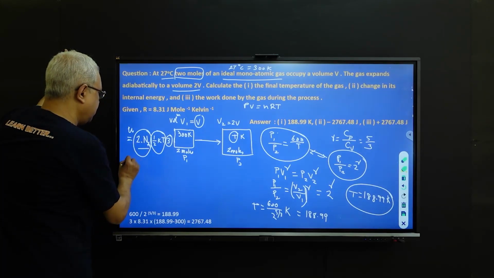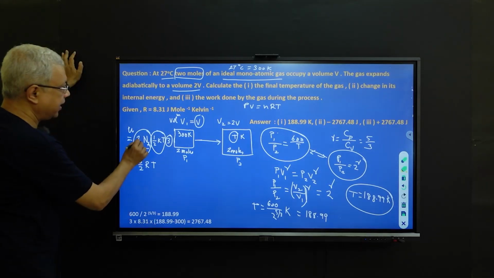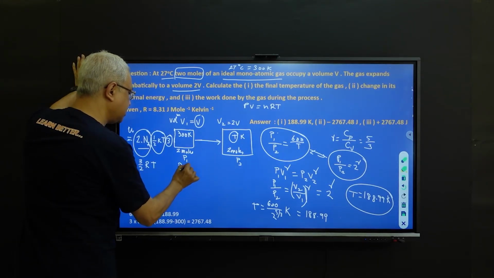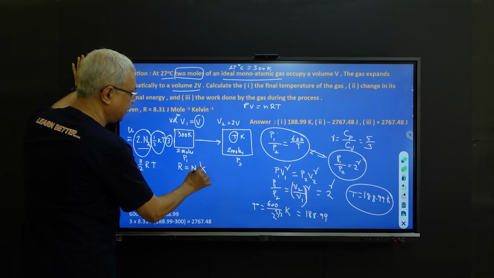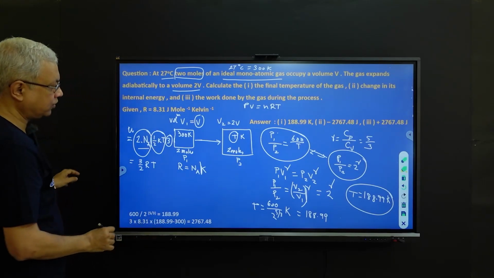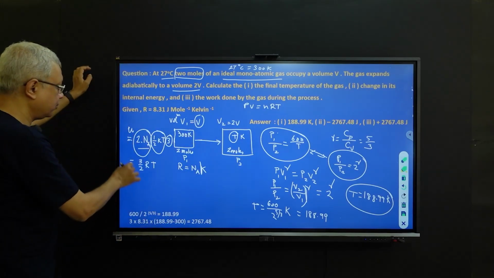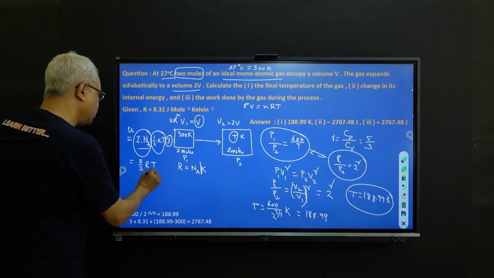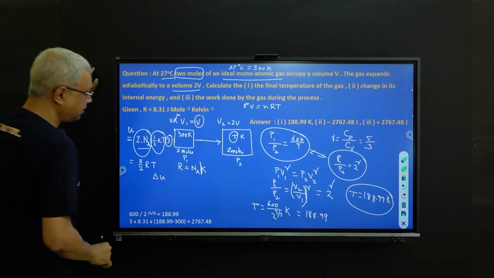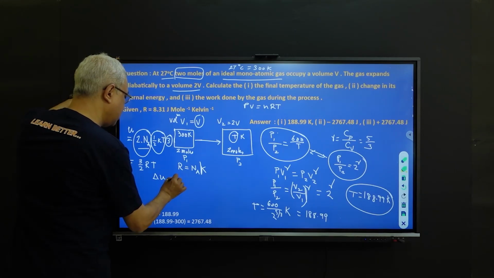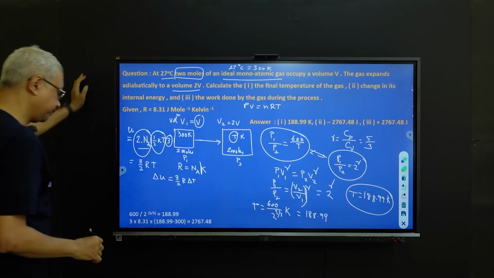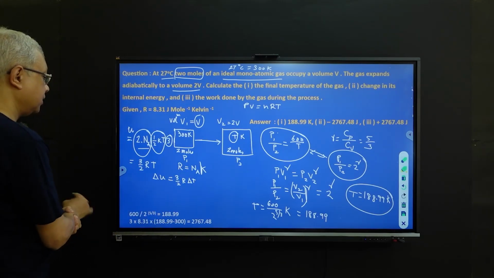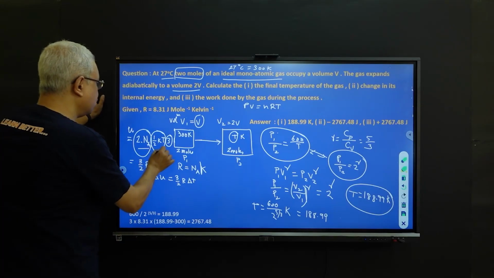So it is 3 by 2 RT. Na into k is R, where k is the Boltzmann constant and Na is the Avogadro number. So U is 3 by 2 R T. So delta U, the change in internal energy, is actually 3 by 2 R delta T, multiplied by 2.